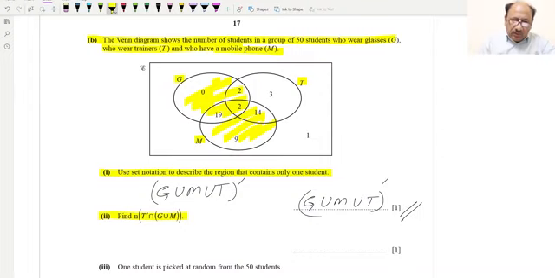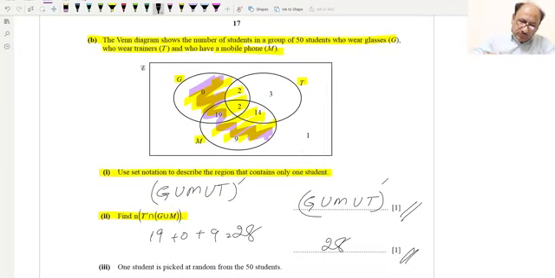So whatever is not in T will be this portion. So it will be 19, 0 and 9. So we'll add these, 19 plus 0 plus 9, and this will be equal to 28, and 28 will be the answer for 1 mark. Hopefully you understood this.